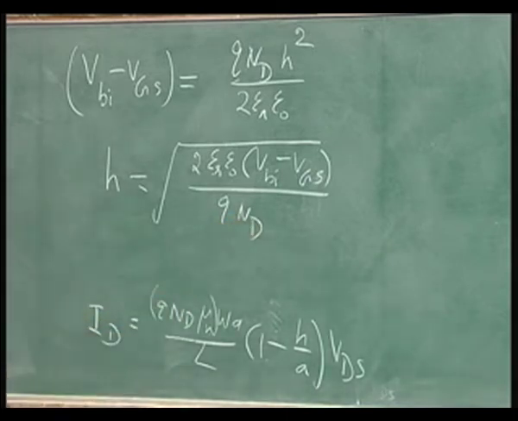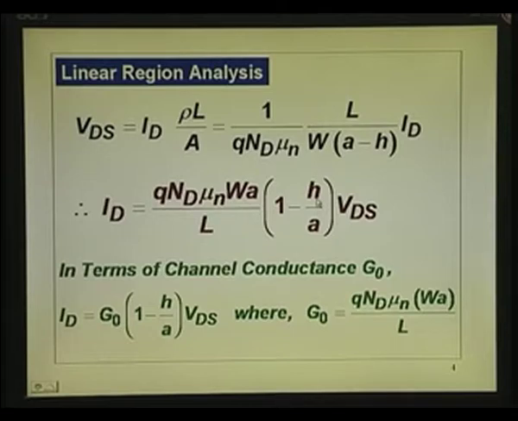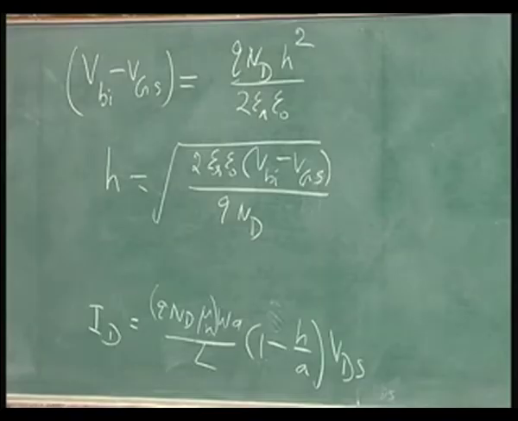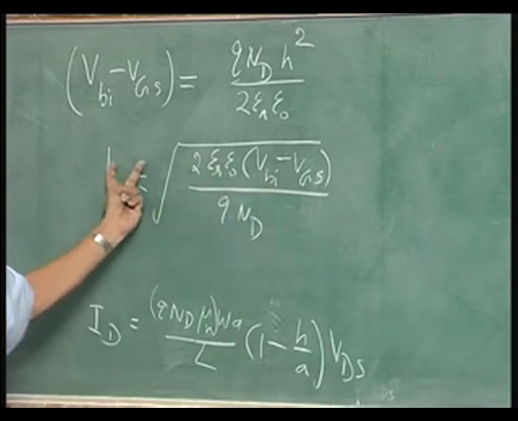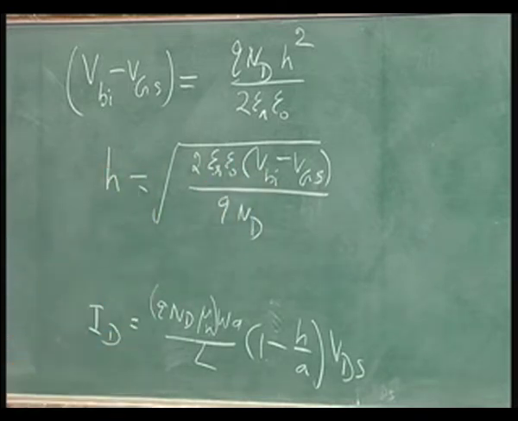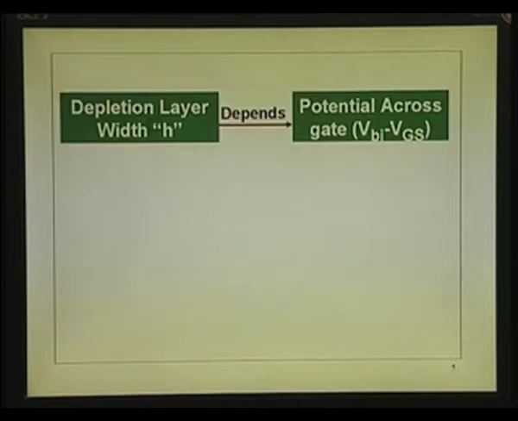Now, you define a term called pinch off voltage. I want the H by A ratio here. H is related to V G S. If I increase the V G S reverse bias more and more, that term goes on increasing. Now, I define what is known as pinch off voltage.